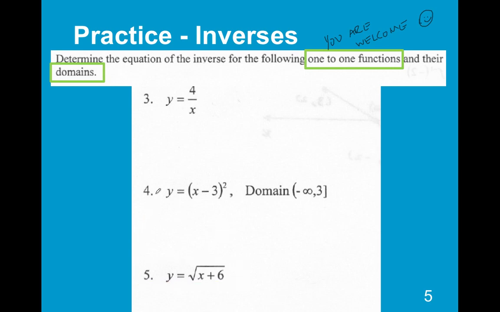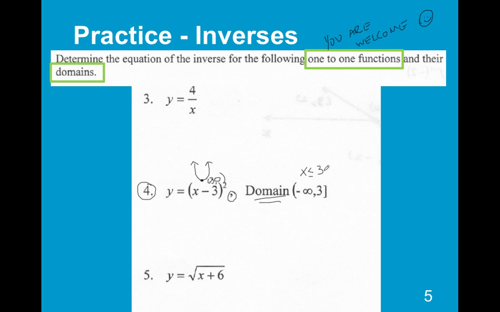So for instance, look at number 4. Number 4, this is not one-to-one. Oh wait, polite pause. This is the domain that I've given you. This notation means you're only using x's less than or equal to 3. So you are supposed to know this parabola is at (3, 0). So talk to me about which arm I have.